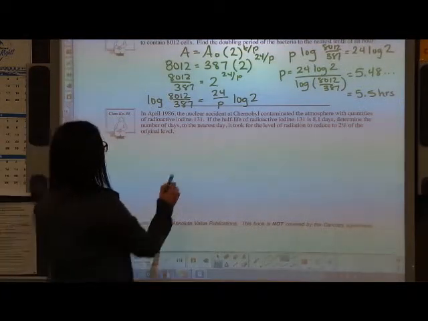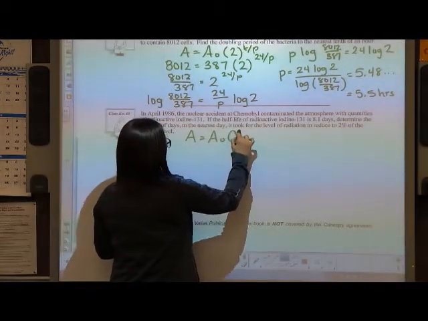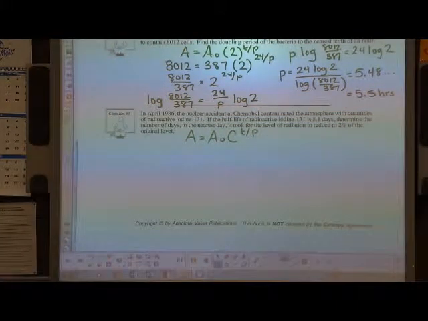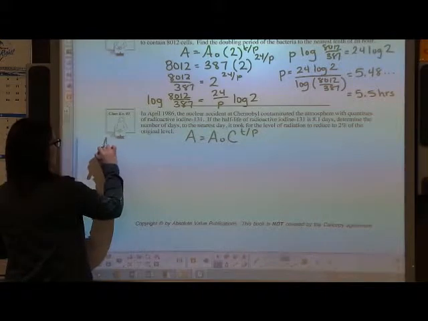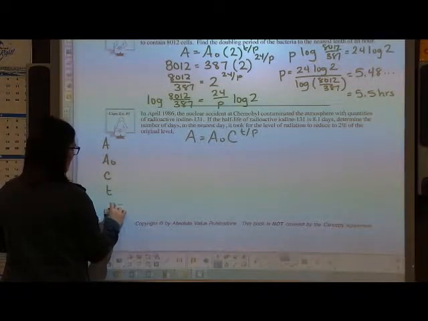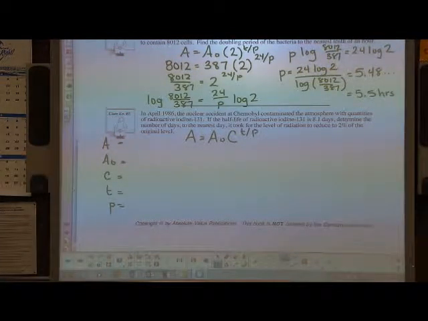So if I start off with my main formula, which looks like this, and then list off my variables along the side, what are some values that I know?